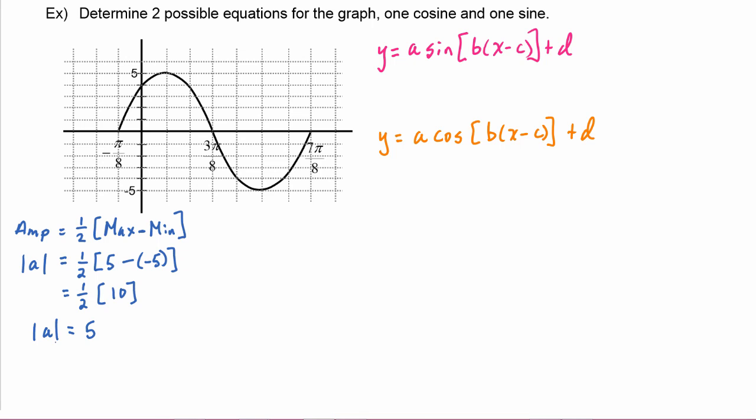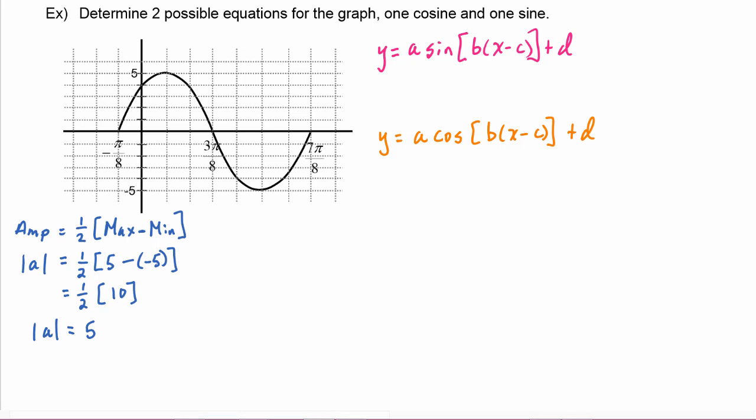So a could be positive or negative based on whether the graph is flipped or not. And when we look at this graph, we see that it's going up first. So say this was a sine, we see that it's going up first to its maximum. So this has not been flipped. Now, if this is a cosine graph, we'll talk about how to handle that in a little bit. That would mean it would be starting here. And again, that graph would not be flipped.